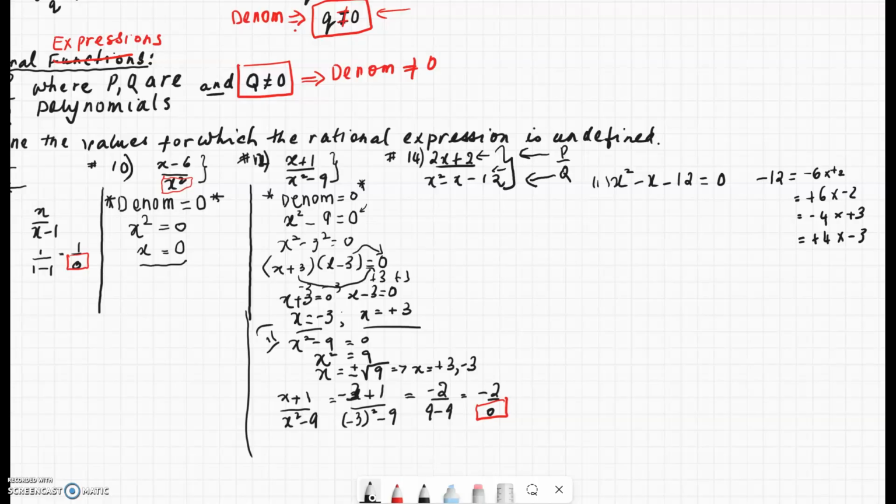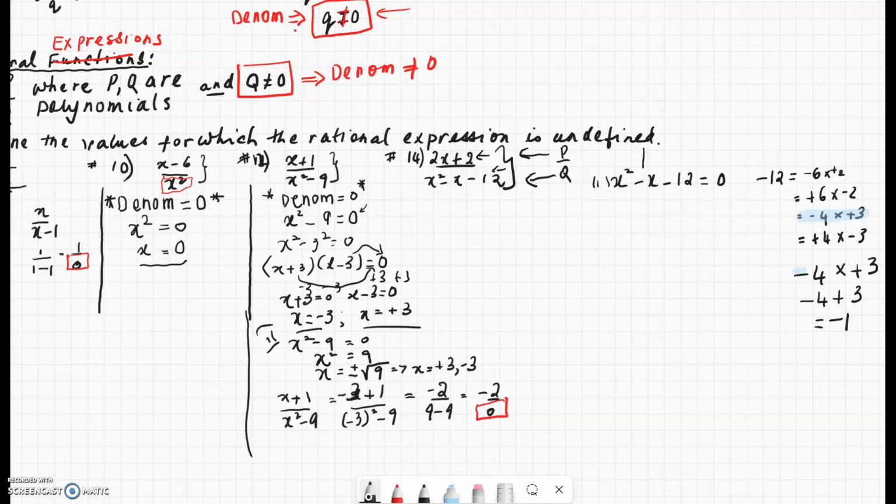But what works for us is this particular product. So basically what we're going to use is negative 4 times positive 3. This times positive 3 is negative 12, and also negative 4 plus positive 3 is equal to negative 1.